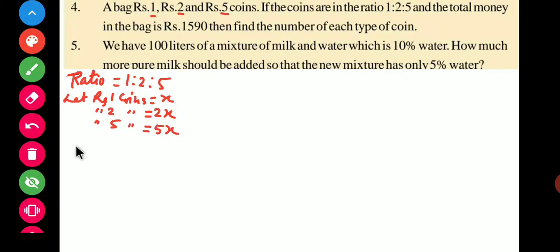So according to the question, that means x into 1 plus 2x into 2 plus 5x into 5.